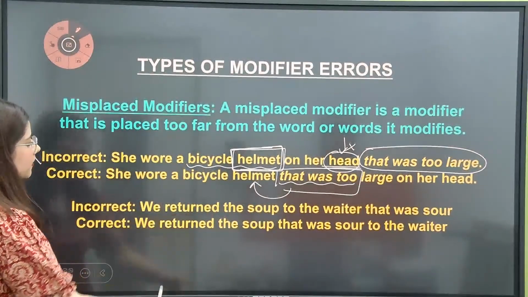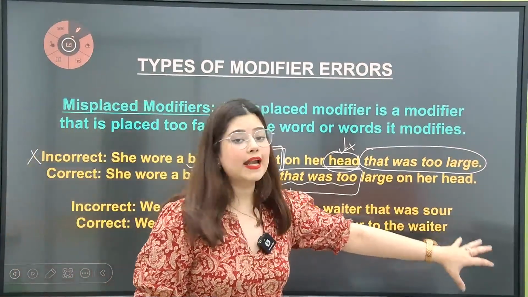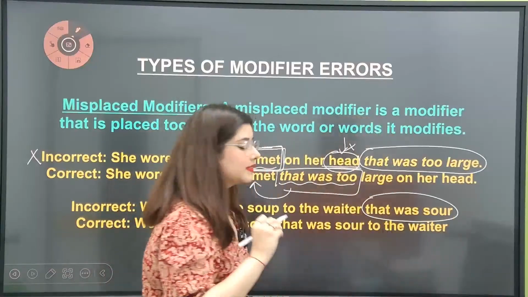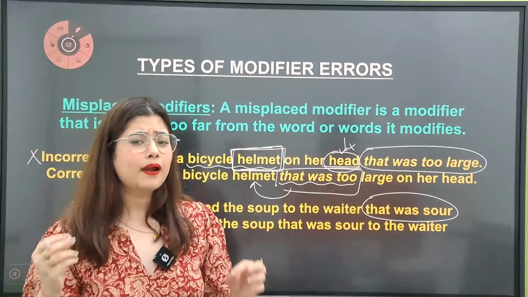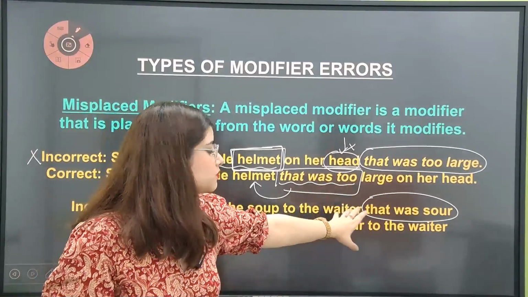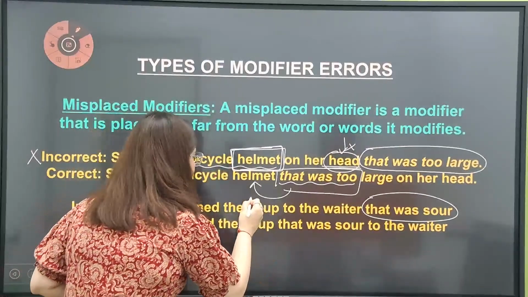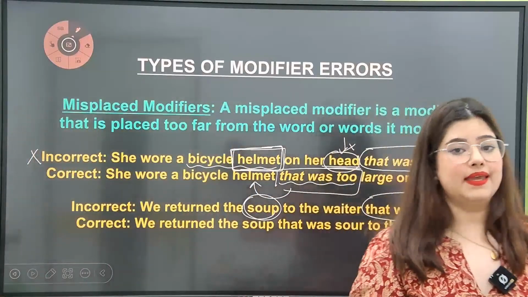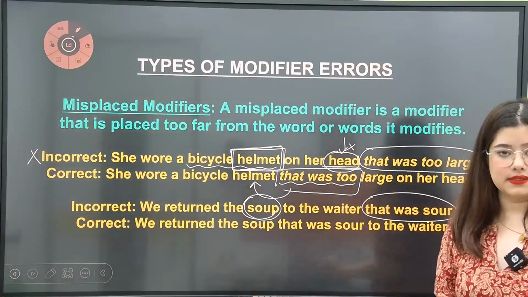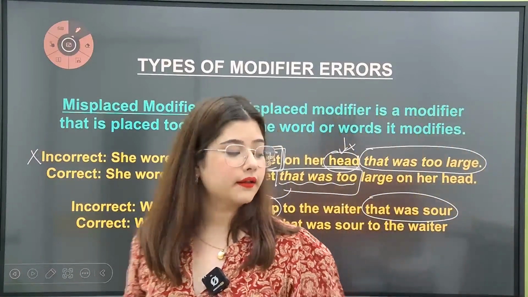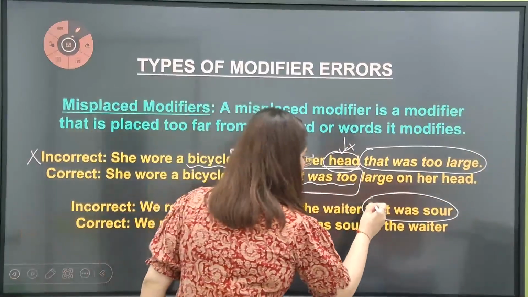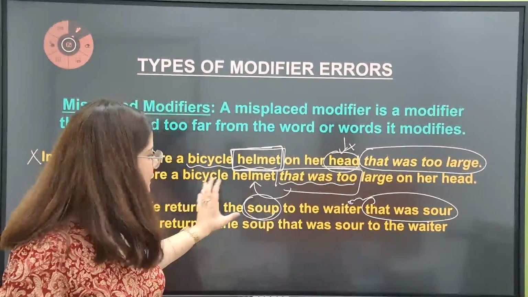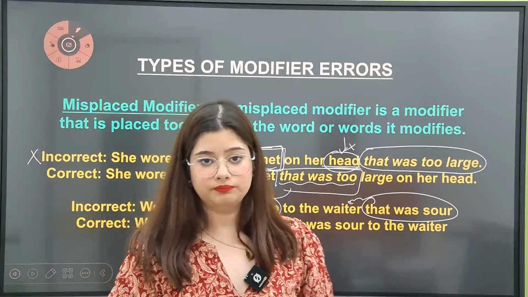Similarly, we returned the soup to the waiter that was sour. Now here my modifier is that was sour. And which is the word that this modifier is modifying? Soup. We are talking about the soup being sour and not the waiter being sour, right? But that was sour is placed closer to the waiter, which makes the sentence incorrect, right?